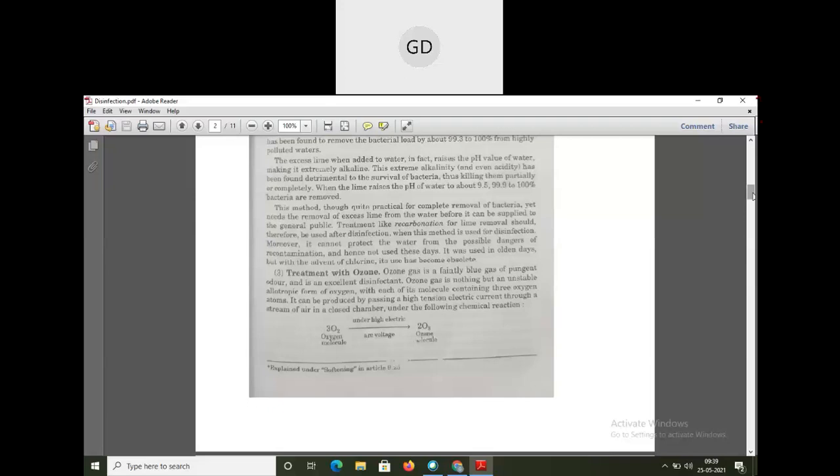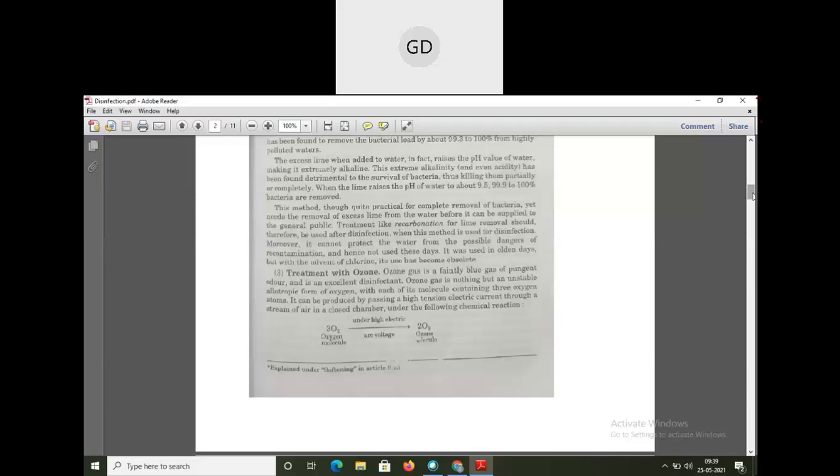When you pass oxygen under a high electric current with a very high voltage, in a closed chamber where a stream of air is passing, ozone is produced.